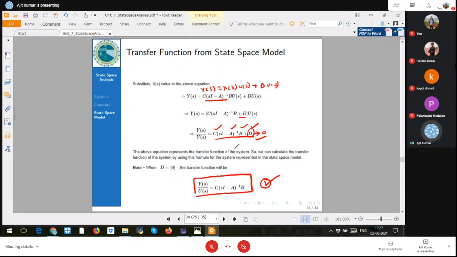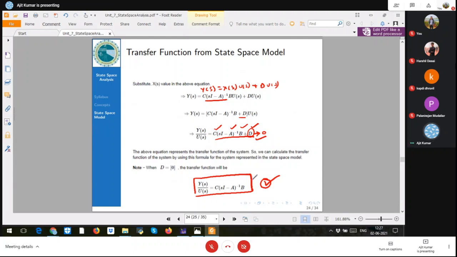So we can now calculate the transfer function of a system from the state space model using this formula. What was the special case? The special case was when D is 0, then you are left with the transfer function as C times (sI minus A) inverse times B.